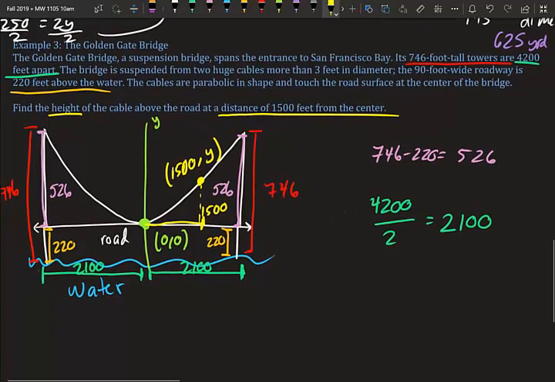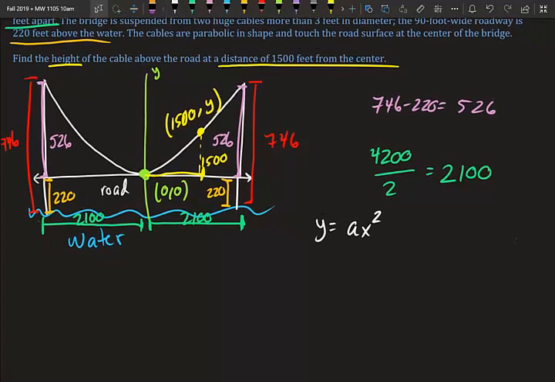All right, so we drew everything. Now we know quadratics are y equals ax squared. And we could have the plus bx plus c, but that's a quadratic. We don't know what this quadratic is, so we need to find it. We have points. Don't we have a point at 526 and 2,100? Because isn't this the x distance?